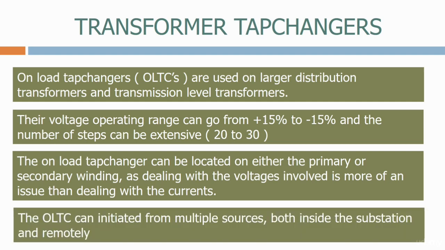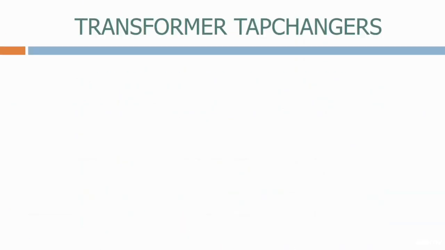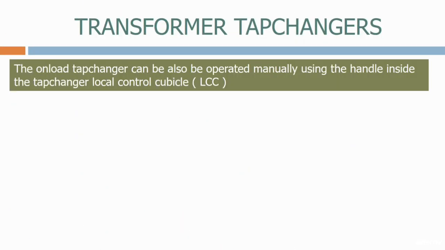The OLTC can be initiated from multiple sources, both inside the substation and remotely. The on-load tap changer can also be operated manually, using the handle inside the tap changer local control cubicle, or LCC.